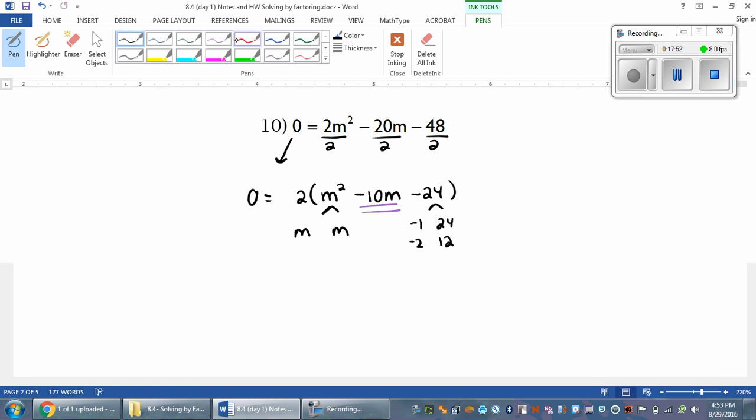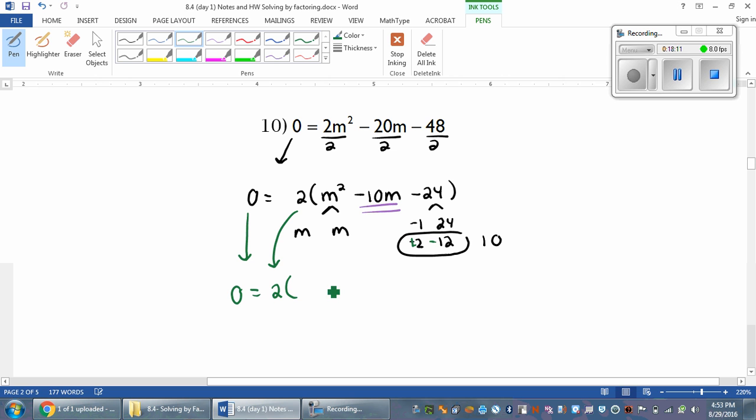So I'm going to stop right there because look, negative 2 plus 12 is positive 10. But I don't want positive 10, I want negative 10. But again, that's an easy fix. Flip the signs. So I drop down the equal 0, and don't forget to drop down the 2. My factors are going to be m plus 2, m minus 12.